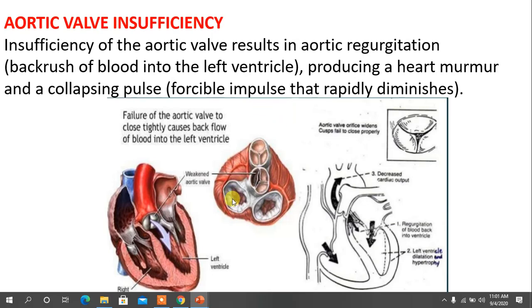During ventricular dilatation, the blood is pushed back into the left ventricle and it will produce a characteristic murmur. Here you can see backflow of the blood during ventricular diastole. The blood is coming from the left atrium and also from the aorta back into the left ventricle. So it will produce a characteristic diastolic murmur.